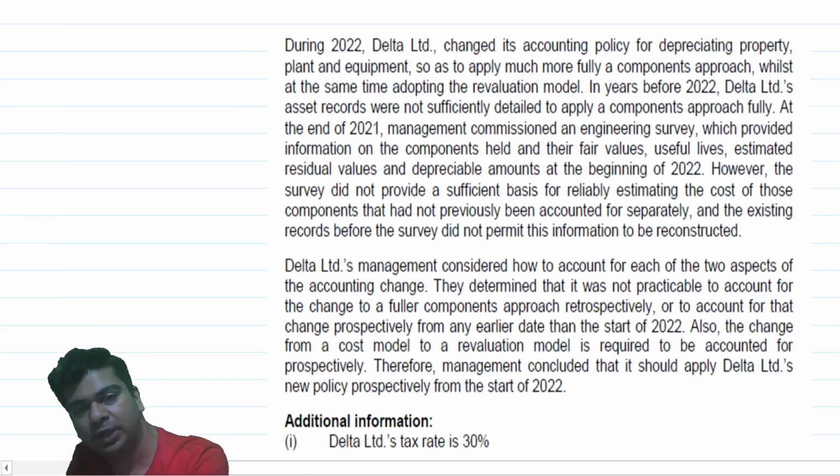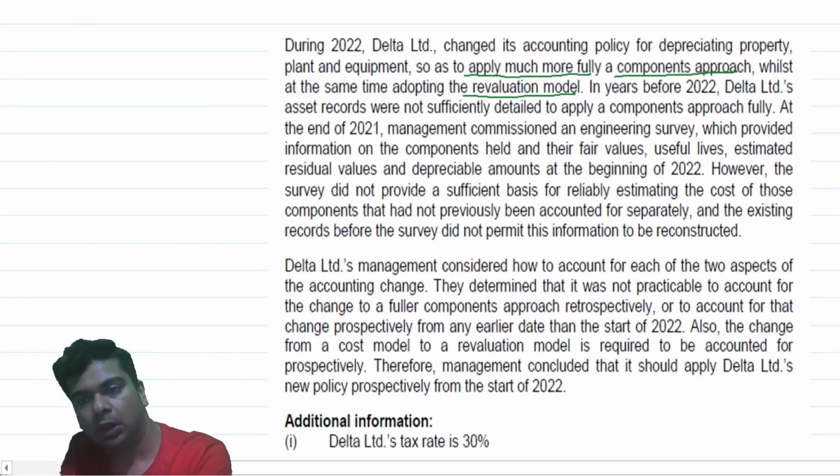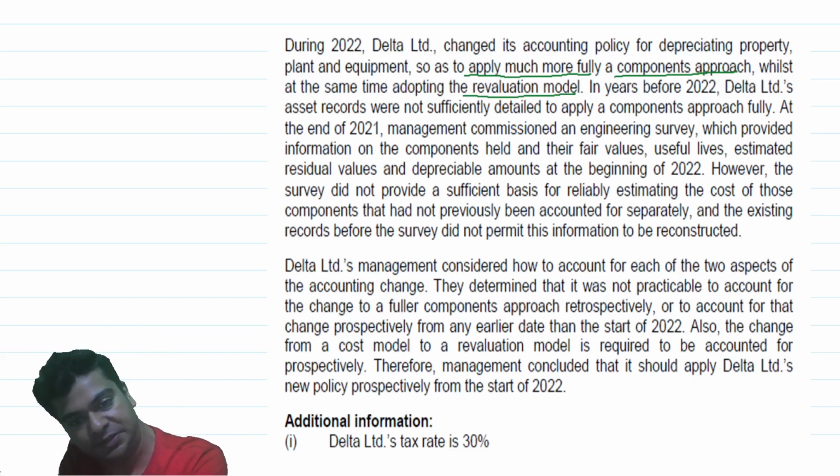During 2022, Delta Limited changed its accounting policy for depreciating property, plant and equipment so as to apply much more fully a components approach, whilst at the same time adopting the revaluation model. We know in Ind AS 16, depreciation should be provided on component basis.